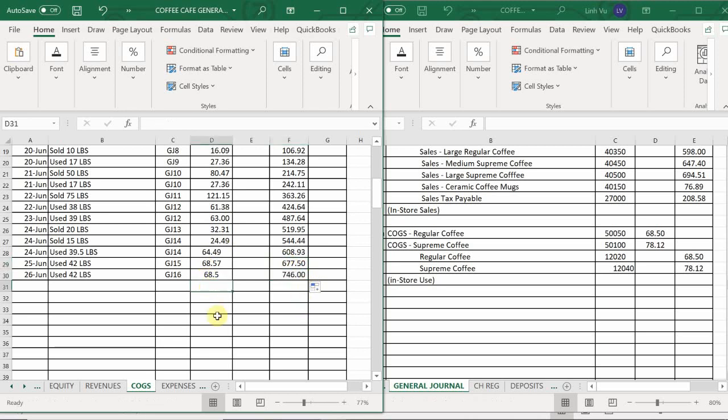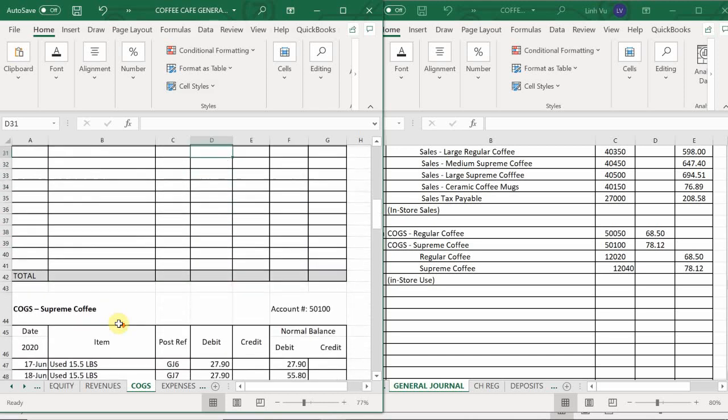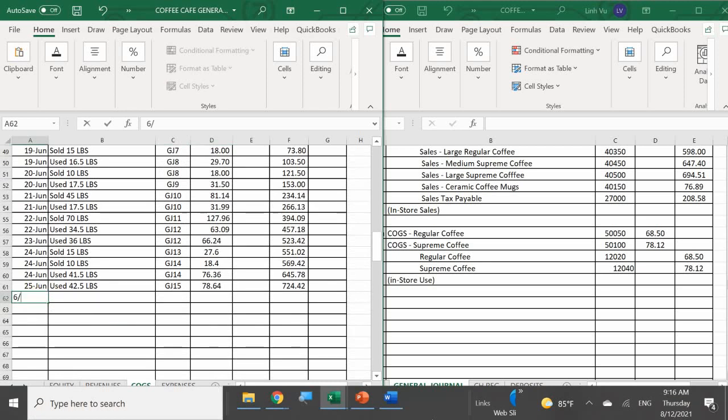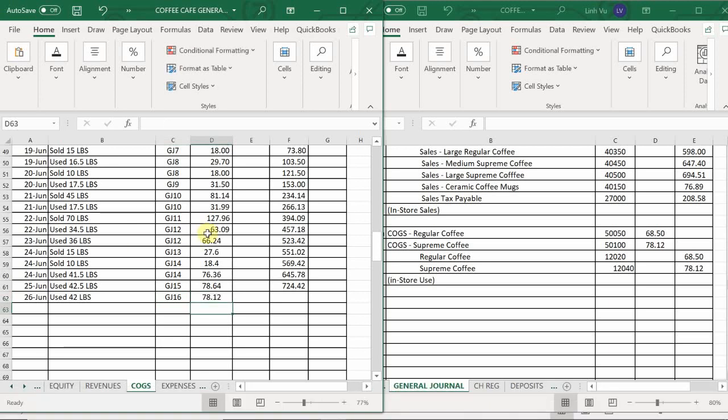Yep, good. $746 even. Okay. And Supreme used 42 pounds. $78.12. $802.54. Good. 802 and 54 cents.